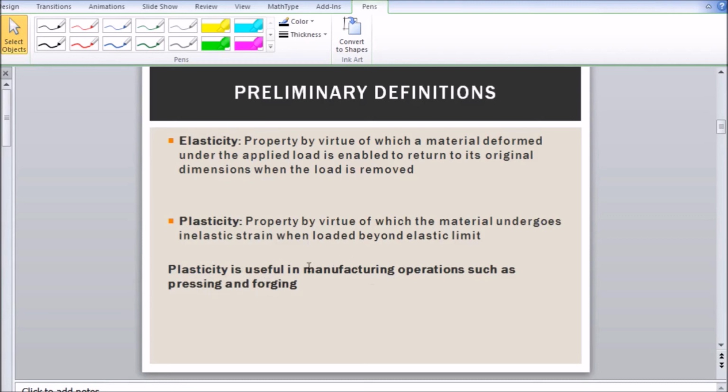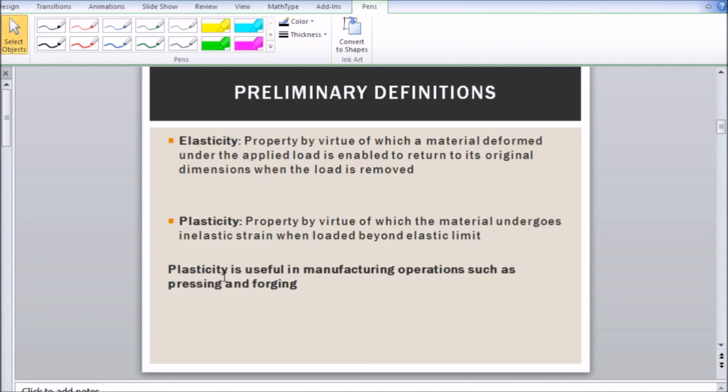In those manufacturing operations, we need to transform a given block of material into the final product shape using some die by hammering or pressing. That can be done irreversibly only when the material is plastically flowing. That is what plasticity is. You need not go into depth and details; that is an advanced subject, or you can get that in subjects like material science.